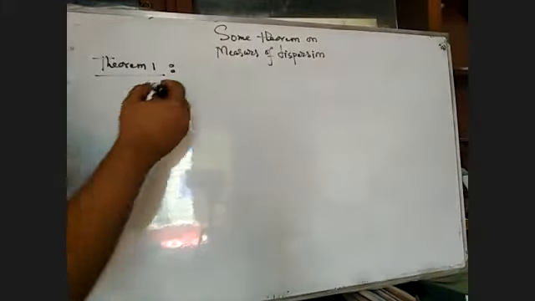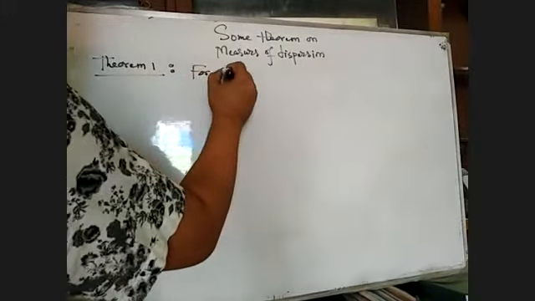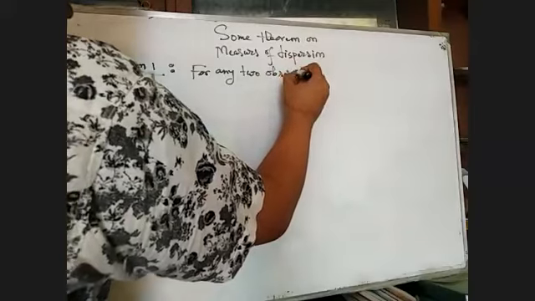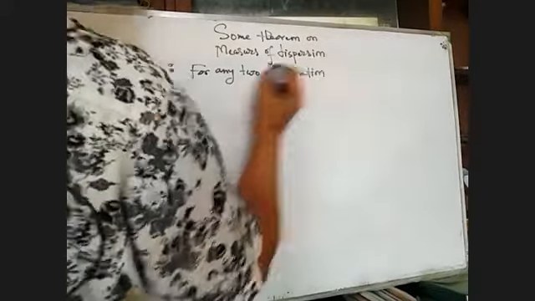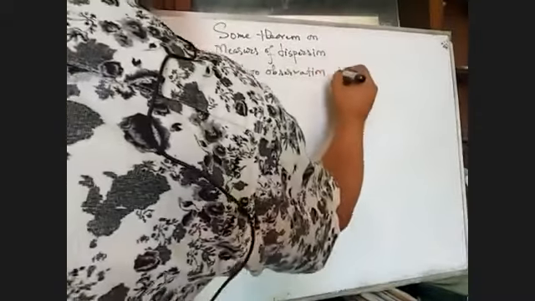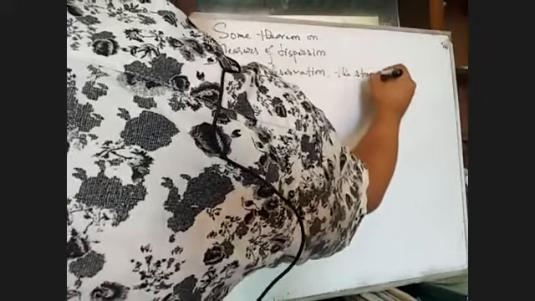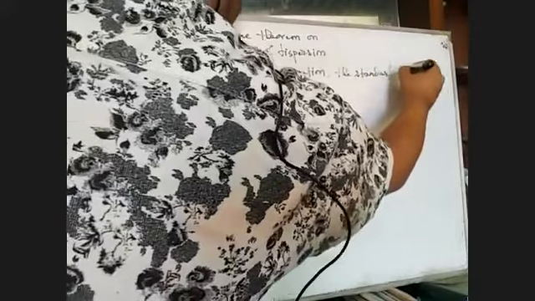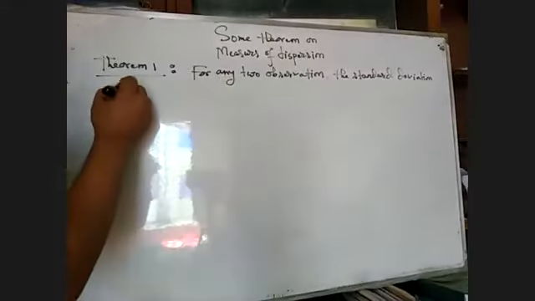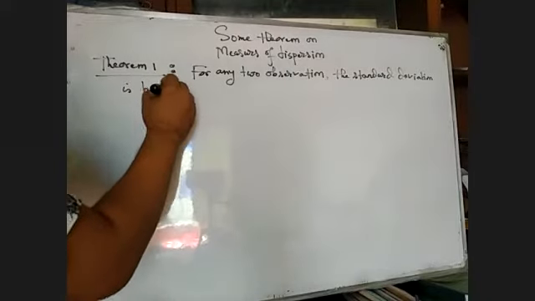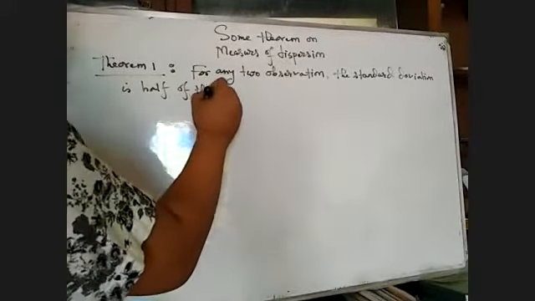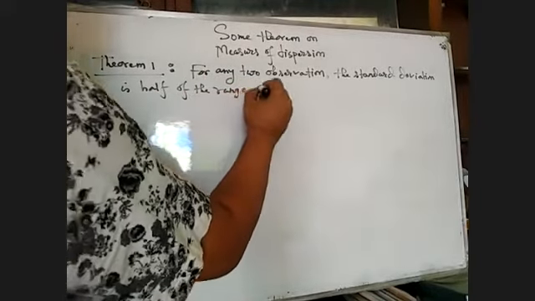For any two observations, the standard deviation is half of the range. Proof.